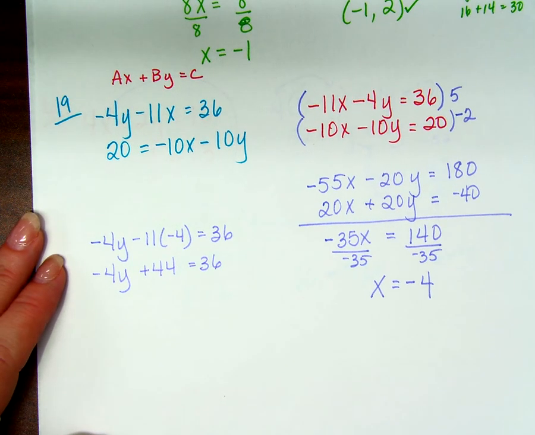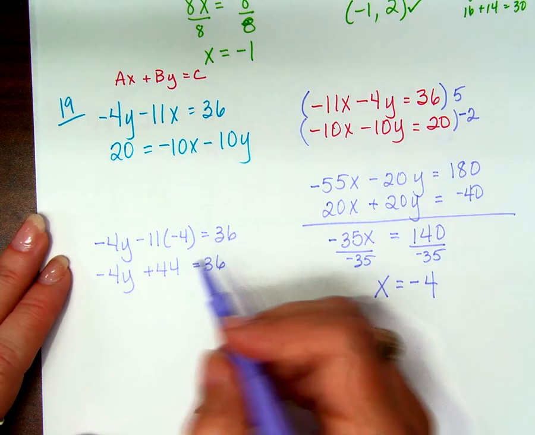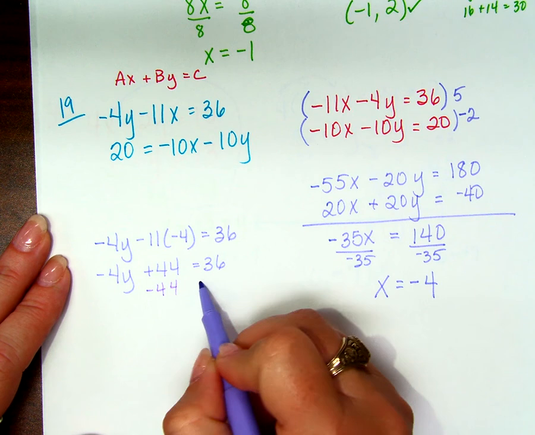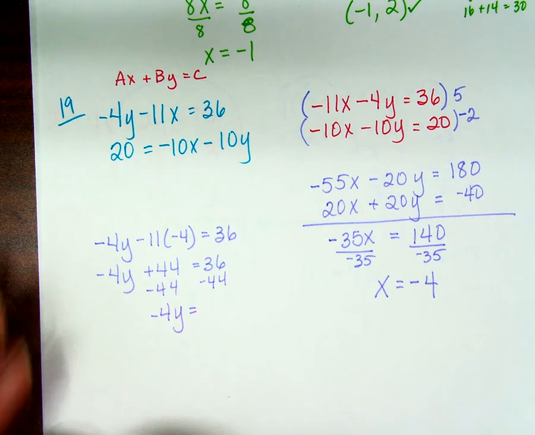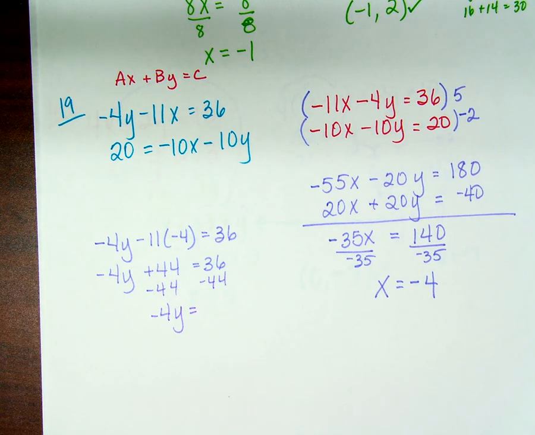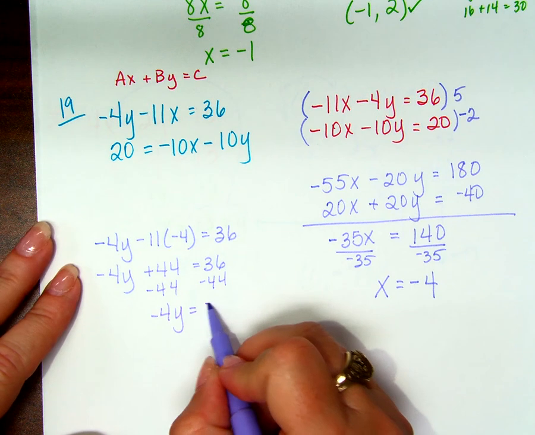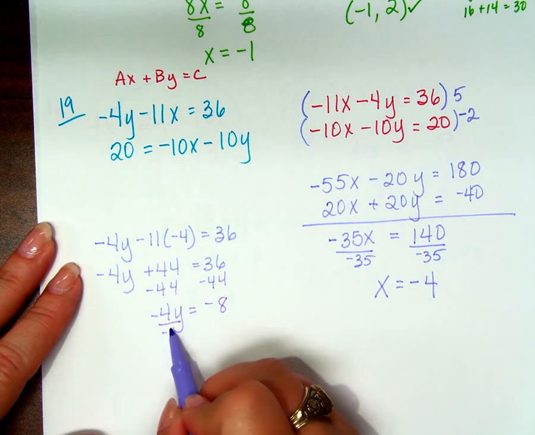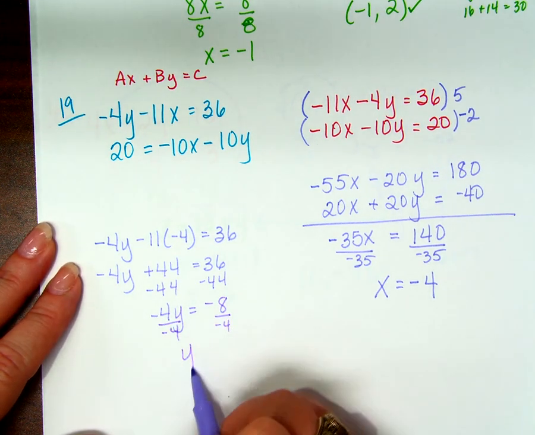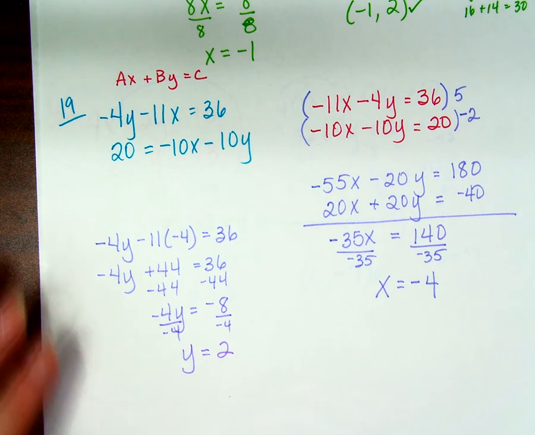Next step. Good. 36 minus 44? Negative 8. Oh yeah, that's better. Divide by negative 4. y equals 2. What's the answer?